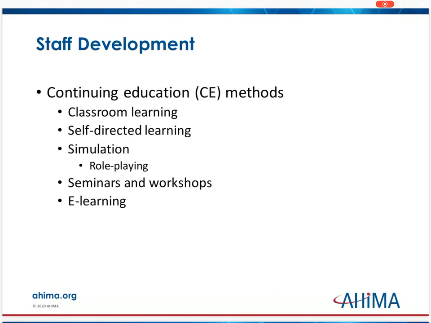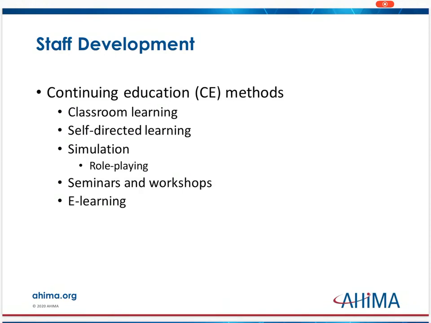So we have credentials as HIM professionals. AHIMA grants credentials. My RHIA is a credential. Your RHIT will be a credential. Now, a license is a legal authorization granted by a state to an individual that allows them to provide healthcare services. So we're talking about a medical license or a nursing license.